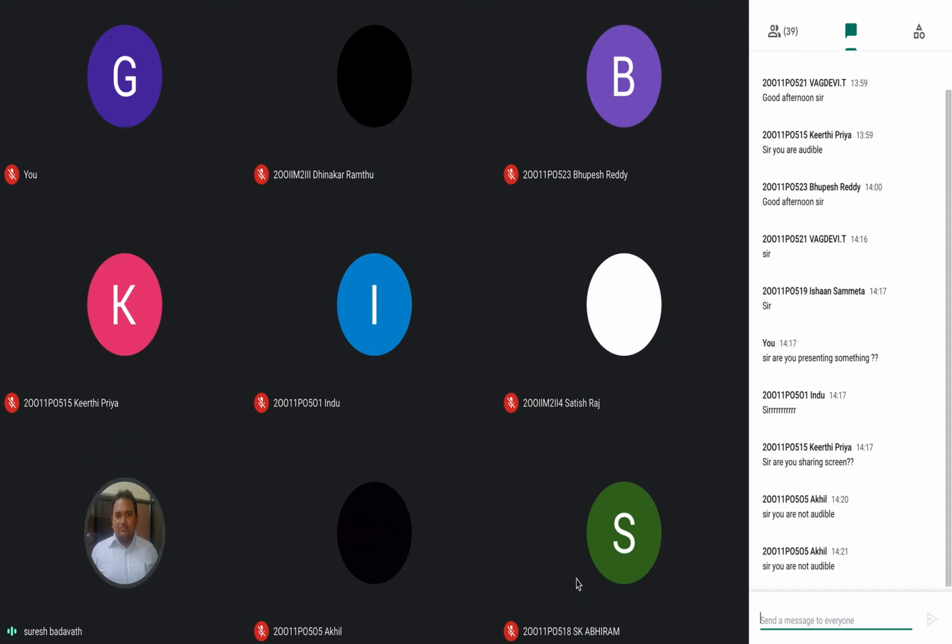Go to any shop and purchase the engineering graphics instruments. First take the drawing board, mini drafter, pencil, eraser and set square. Next, the protractor.